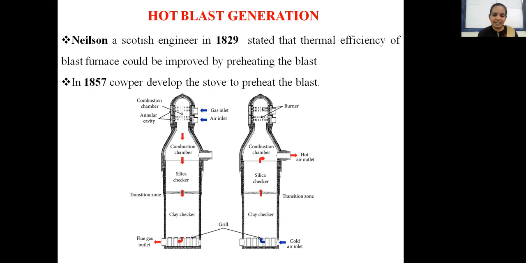When the blast of air is passed through the stoves, the air is preheated to around 1200 to 1300 degrees Celsius, so that we can improve the thermal efficiency of the blast furnace and increase the production rate by reducing the production cost. So this is about hot blast generation.